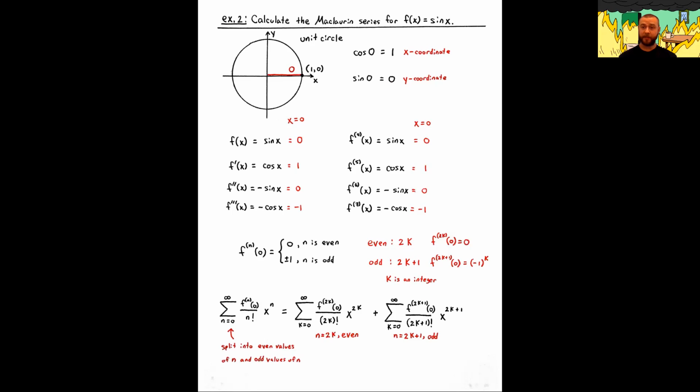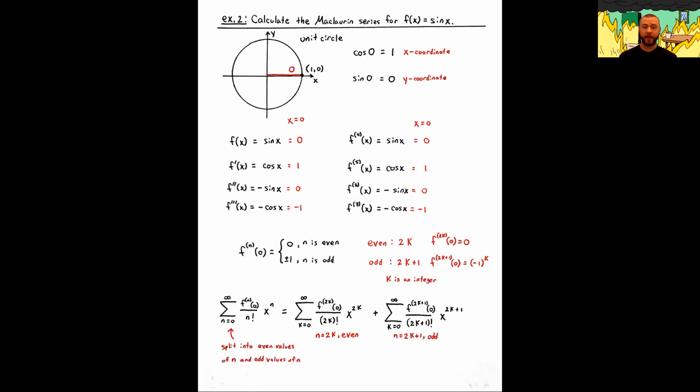If we sum over those two parts, we have the summation dealing with all the even index terms. That's where the n value equals 2k. We also have the part where the index n is an odd value. That's where n equals 2k plus 1. And notice we replaced n with either 2k or 2k plus 1 in the general expression, which was in terms of n.